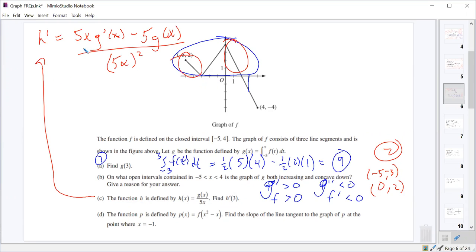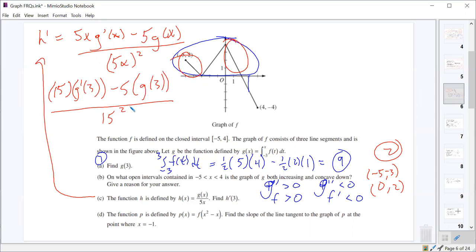And we're looking for h prime at 3. So that ought to be 15 times g prime of 3 minus 5 times g of 3 over 15 squared. And let's see. G prime, which is f, at 3, looks like that's -2. So this will be 15 times -2, which will be -30.